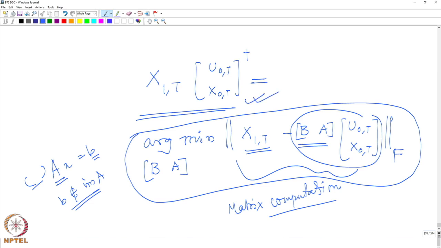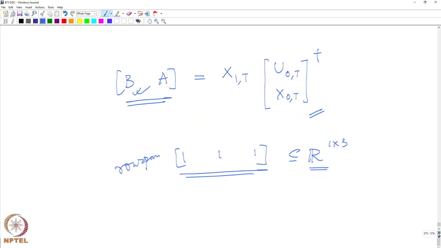So, even when your data is not identifiable, in the sense that it is corrupted by noise or something, so x 1 t is not in the row span of u 0 t x 0 t, you can still find the underlying B A or at least an approximation of that by doing this right inverse business.